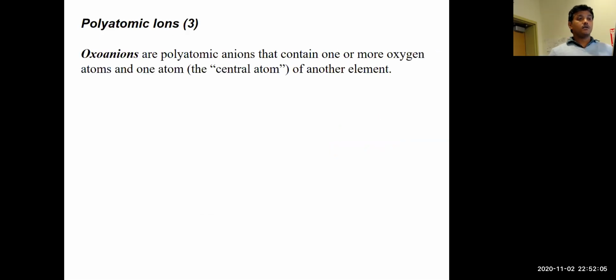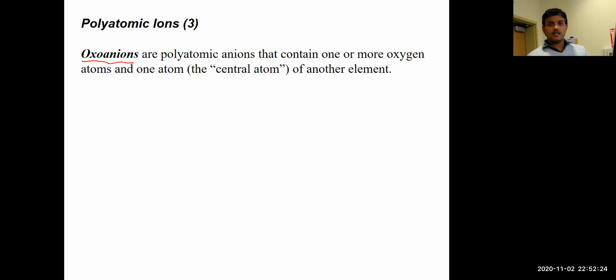Let's look into some more complicated polyatomic ions. One of the polyatomic ions that usually confuses people is oxyanions, or oxoanions. Of the oxoanions we discussed, 4 of them have names that look really close.